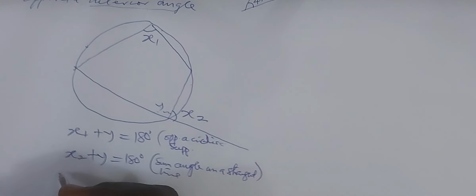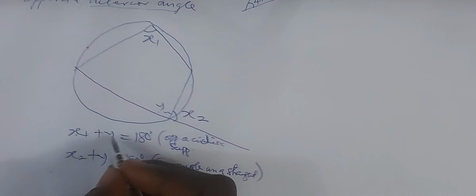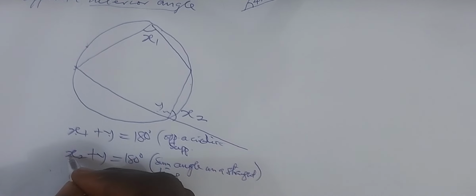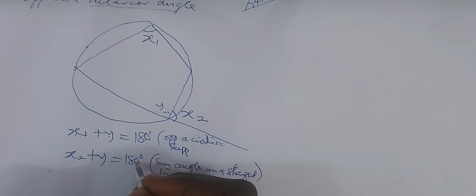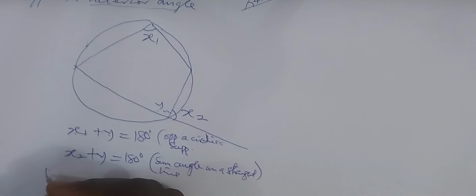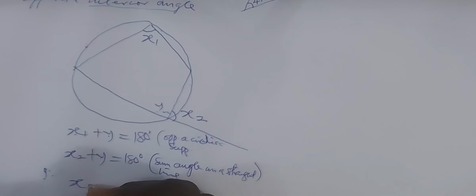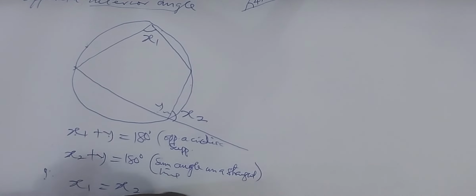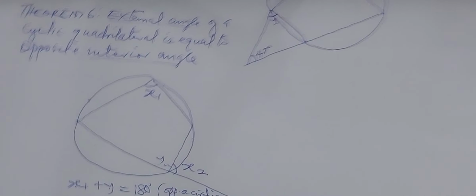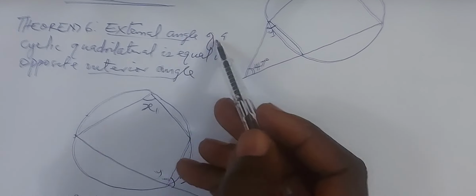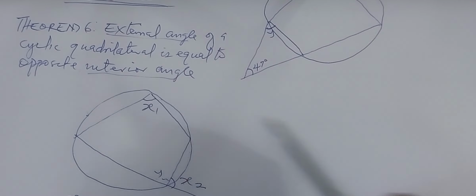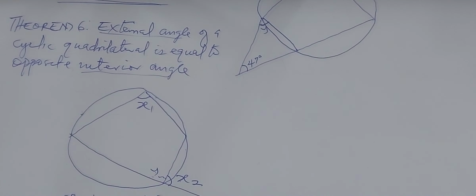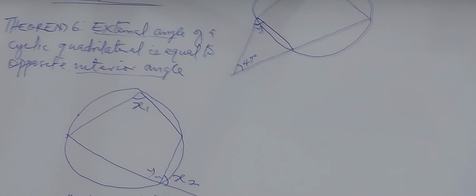Therefore, if x1 plus y is equal to 180 and x2 plus y is equal to 180, therefore x1 is equal to x2. And that is what we are saying, that the exterior angle of a cyclic quadrilateral is equal to the opposite interior. And that solves the proof of Theorem 6.